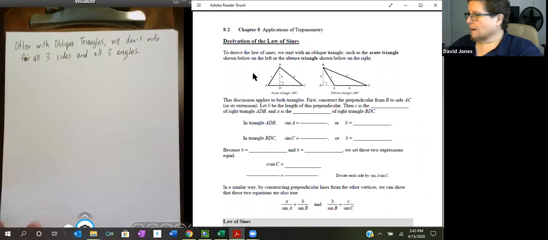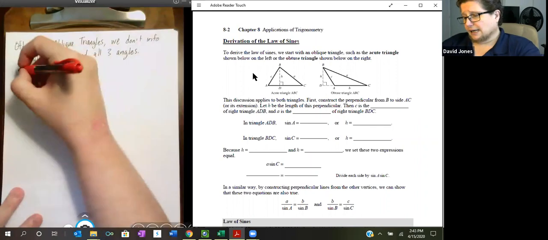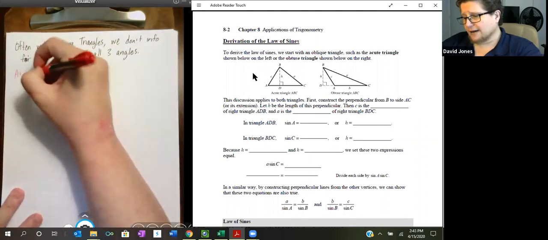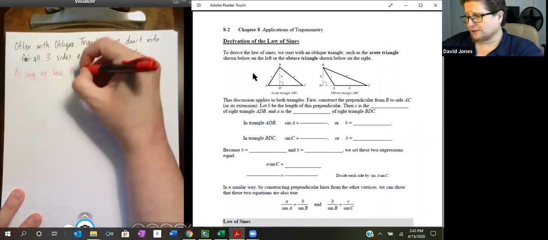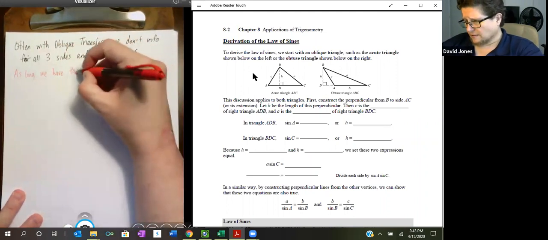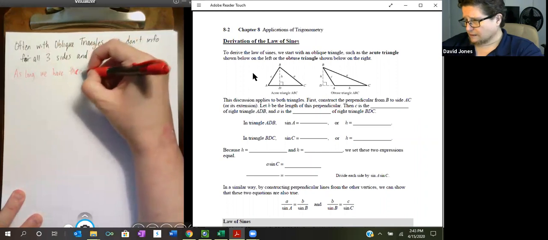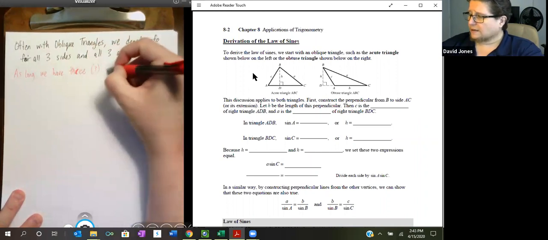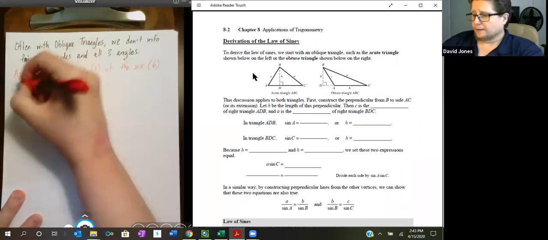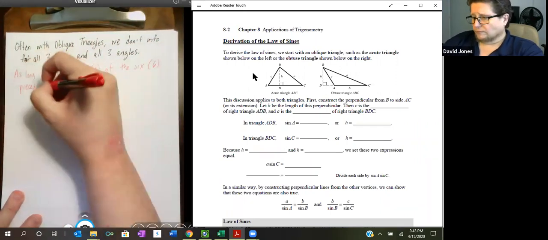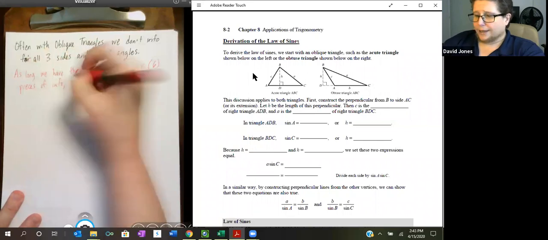But as long as we have 3 of the 6 pieces of info, we can solve for the rest.